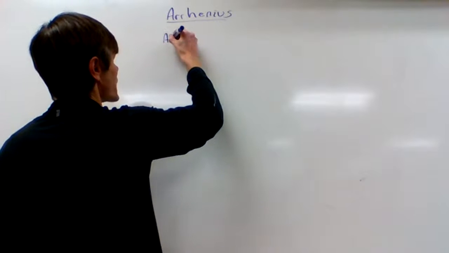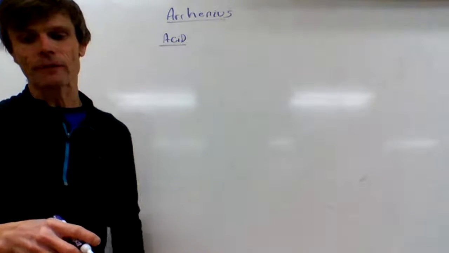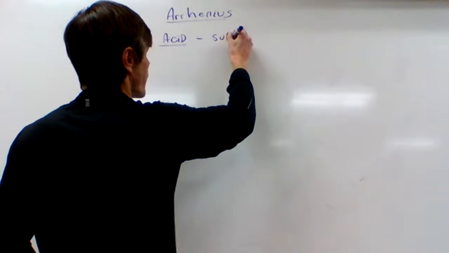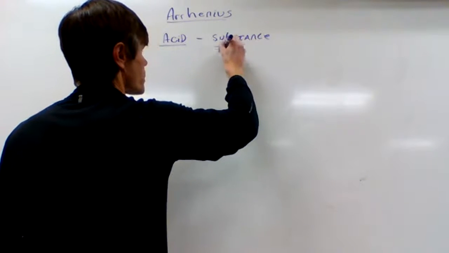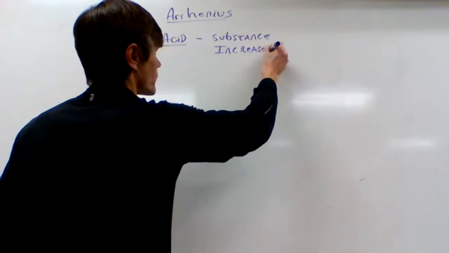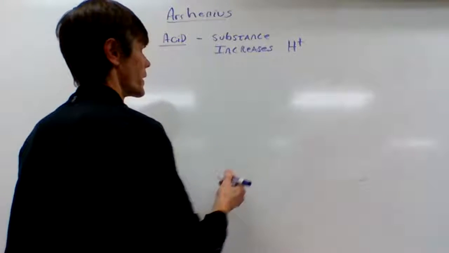Arrhenius defined an acid as being a substance that increases the hydrogen ion content in water.